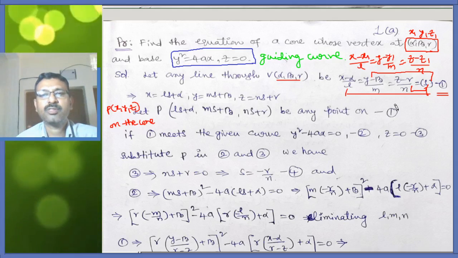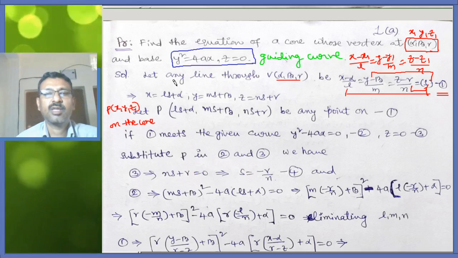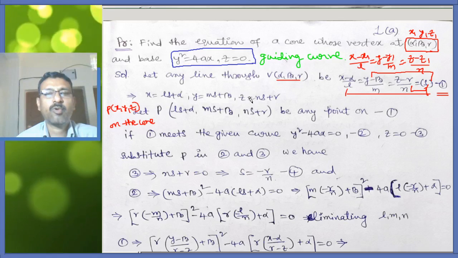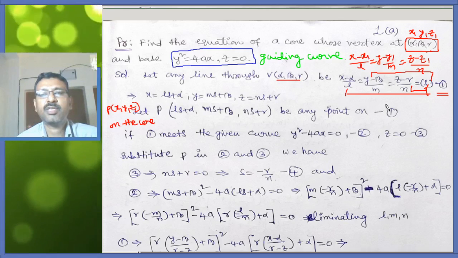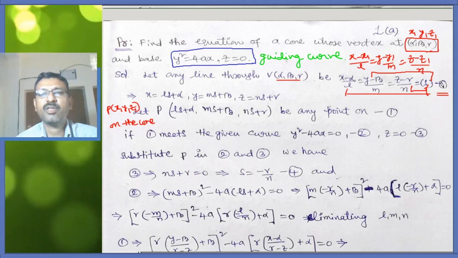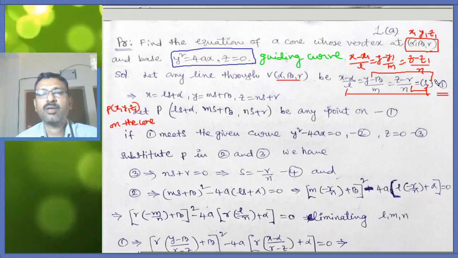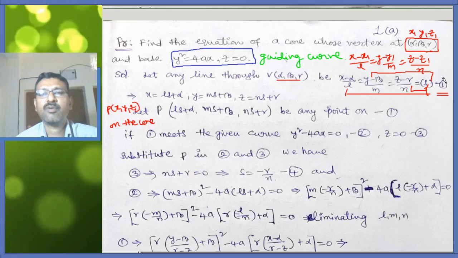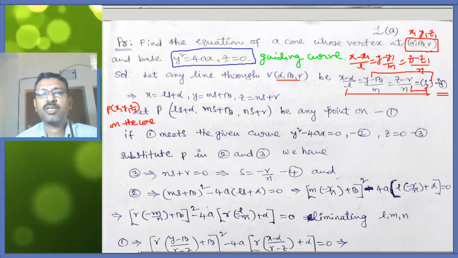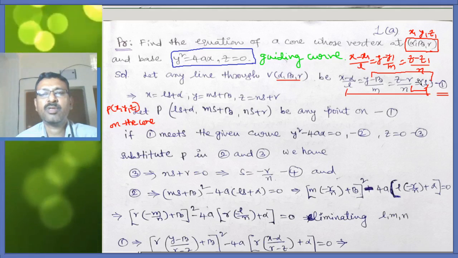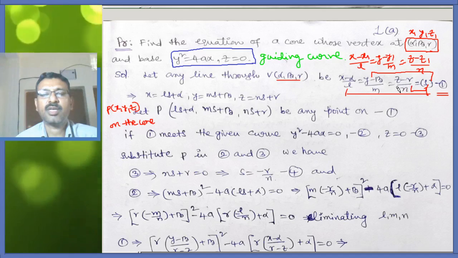If P(x, y, z) lies on the cone, then the point lies on some generator 1. Here 1 is not fixed; whatever the generator may be, every generator can be written in this form. So this will be an arbitrary generator.